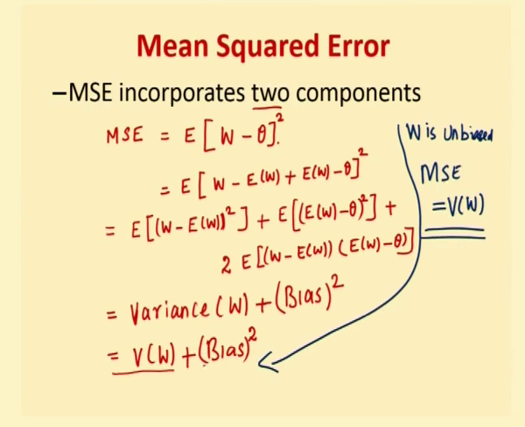So, it has two components, and for the special case of unbiased, just now we observed that bias is going to be 0, therefore MSE will become simply the variance of that estimator. Therefore, responsibility in the case of MSE lies largely on finding out the variance of W, provided we are able to get an unbiased estimator.